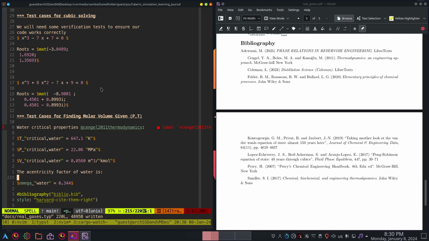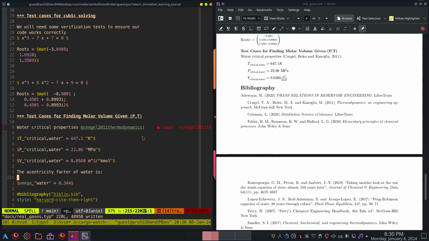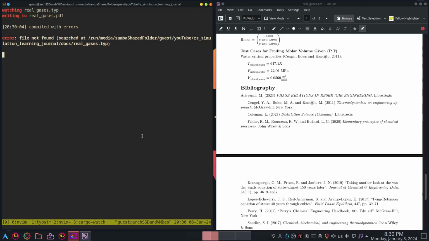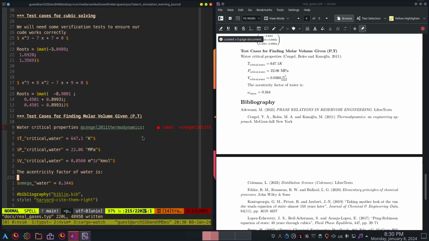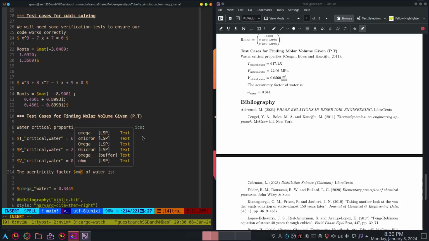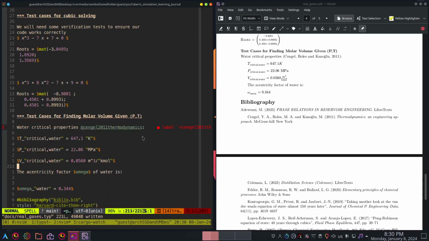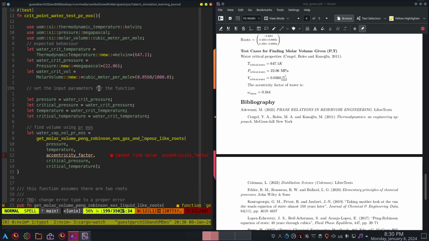Let's take a look. Is it done properly? Yeah, now it should work. The eccentricity factor is known as omega. Okay, it's just called omega.